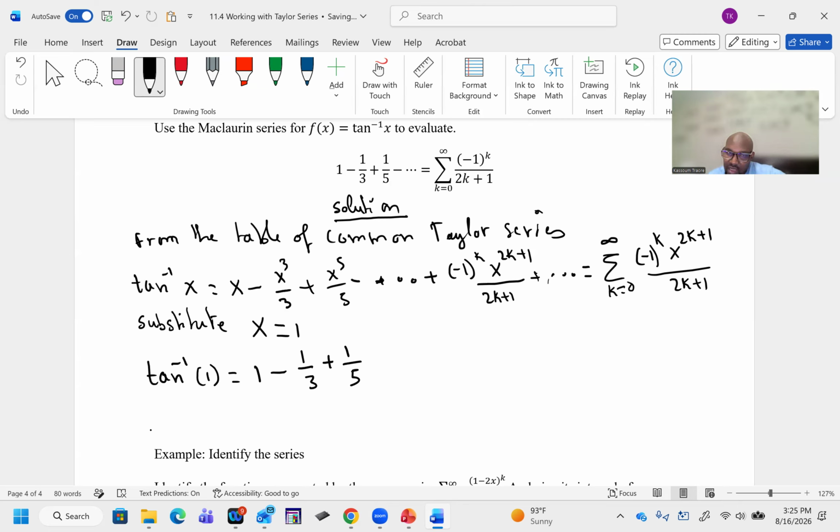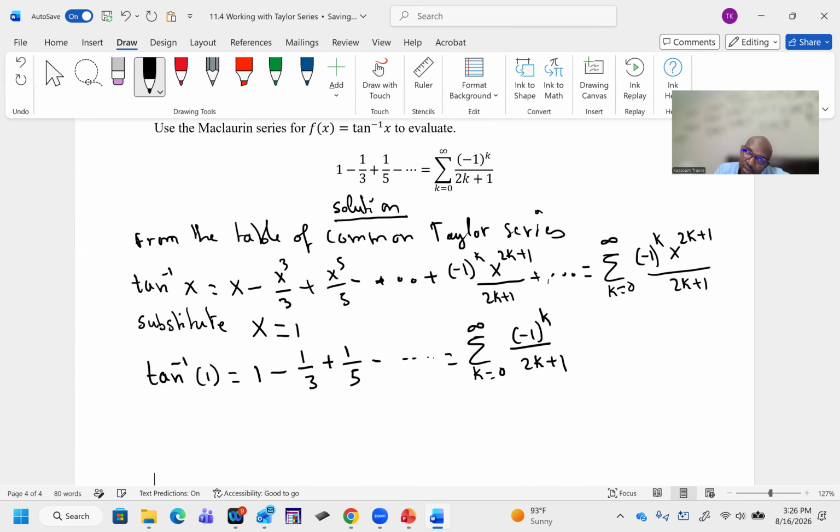And then minus so on, which will be equal to the sum from k is equal to 0 to infinity, negative 1 to the power of k divided by 2k plus 1. Or, of course, you know, from your trigonometry classes, tangent inverse of 1 is what? Pi over 4, right?